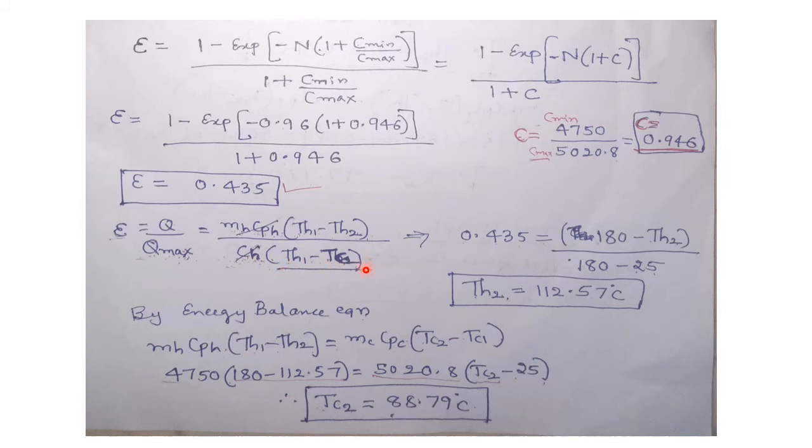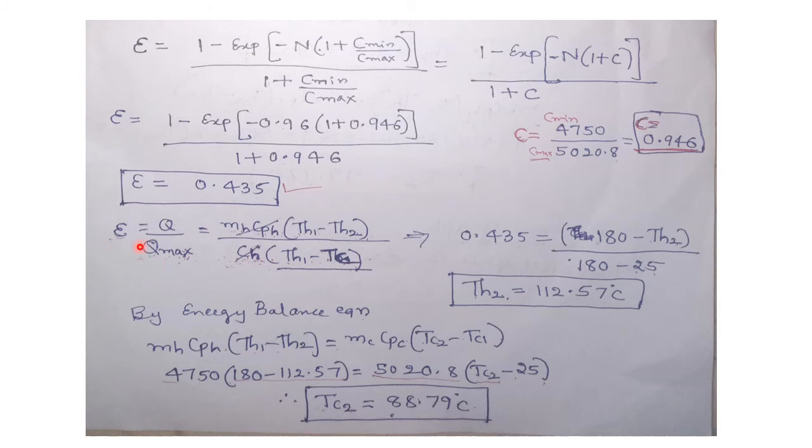We have already explained this in the theory class also. Whichever fluid is the minimum fluid, we consider that in the standard formula. So here CH is the C minimum value, and my effectiveness of the heat exchanger is calculated by TH1 minus TH2 divided by TH1 minus TC1.